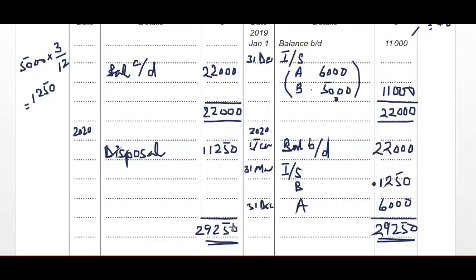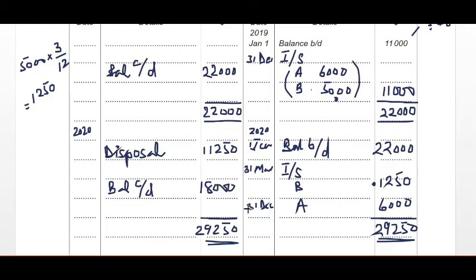From 29,250, if we deduct 11,250, we are left with 18,000. So the new balance c/d is 18,000.